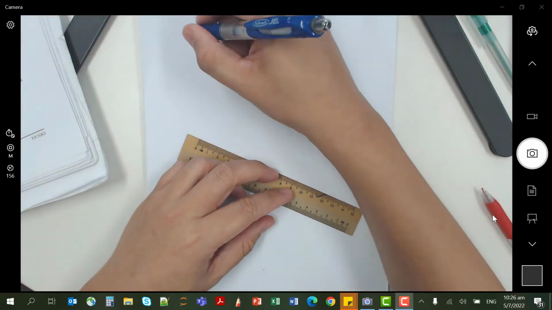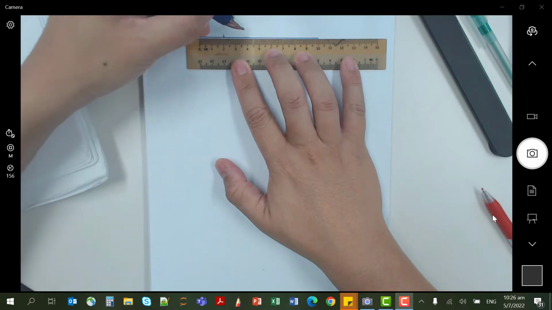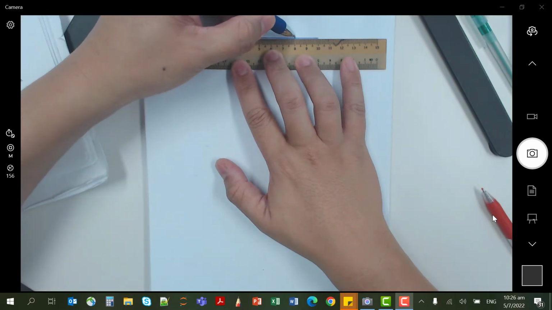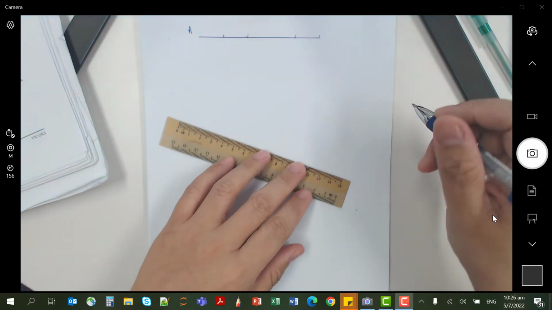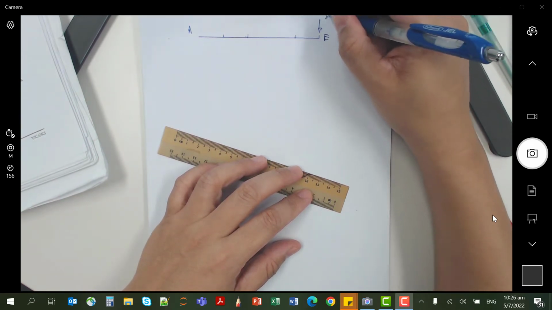So this would be A, B, C, D. And this is E. So E has a 30 kilonewton.